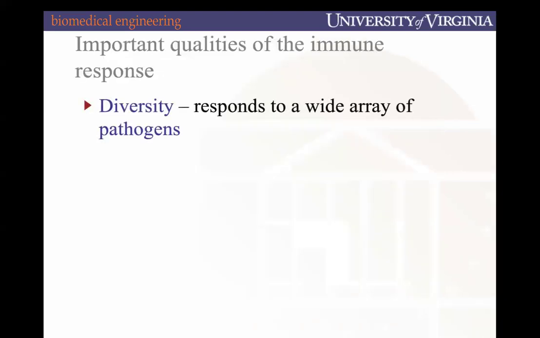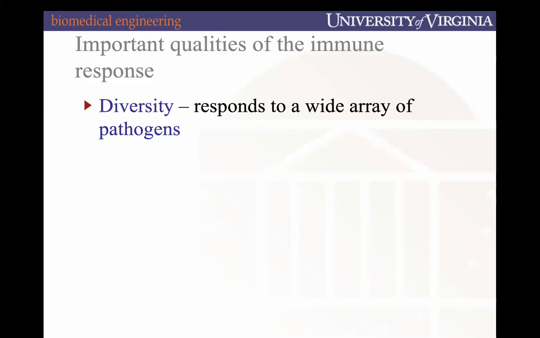This was talked about in the pre-lecture, but I want to take a second to talk about this a little more specifically as it relates to innate immunity. One of the key qualities of our immune systems is their diversity. Our immune systems are able to respond to a vast array of pathogens.